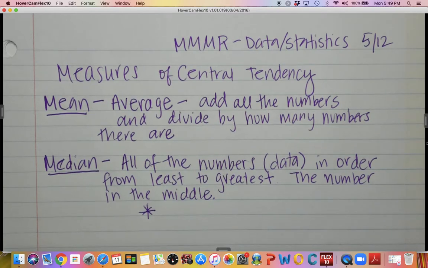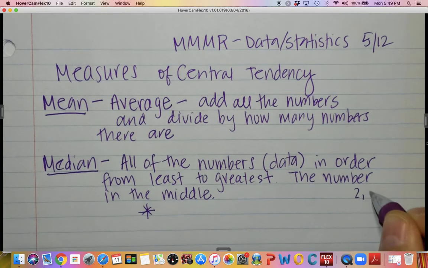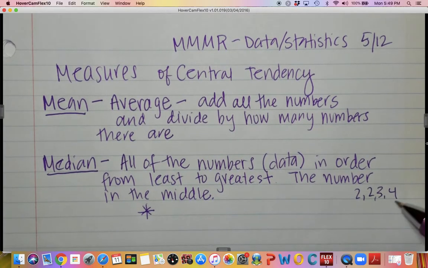So if I have a set of data that is an even number of data, let's say I have 4 numbers in my data. Let's say the numbers in my data are 2, 2, 3, and 4. This is my set. This is my data set.